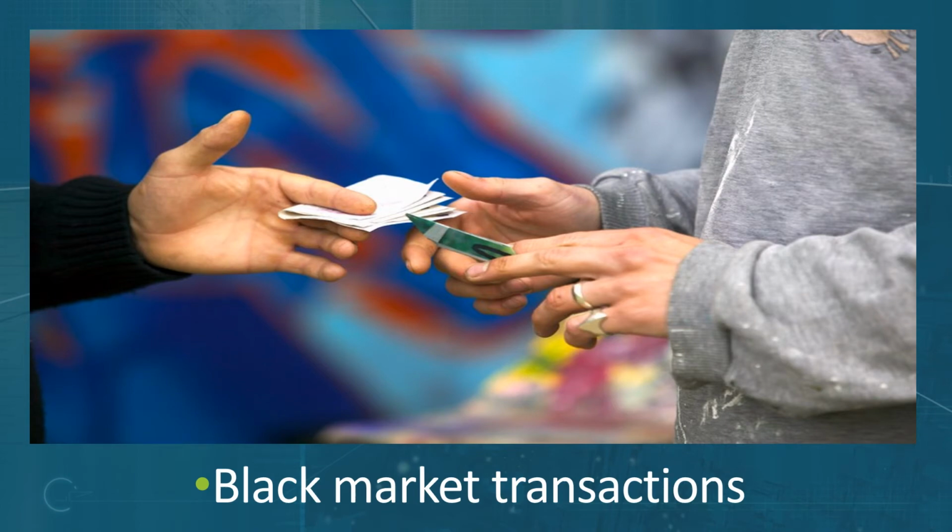Black market transactions are transactions that do take place in a market. However, it's an unofficial market. These are unreported transactions that don't get counted. So you can think of, generally speaking, illegal activities. Even the market for drugs in this case, right? That is a black market transaction. That's a large part of our economy, unfortunately, right?